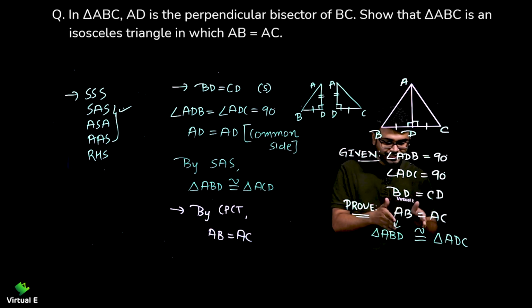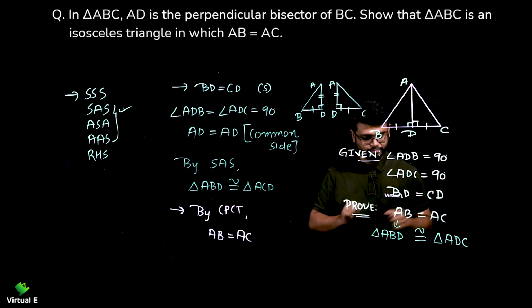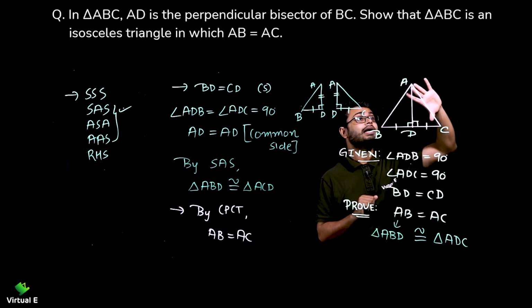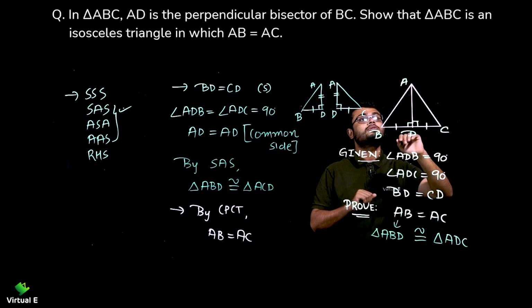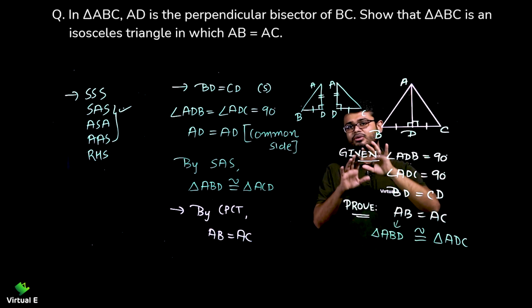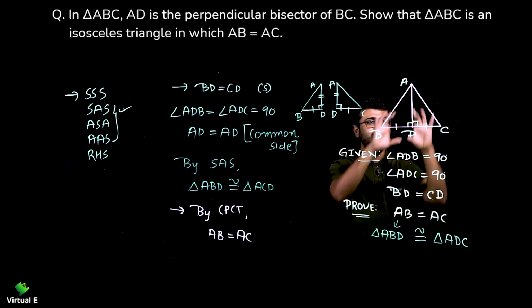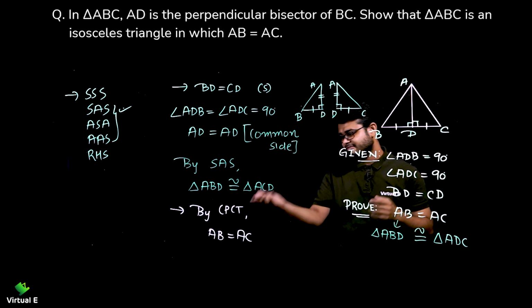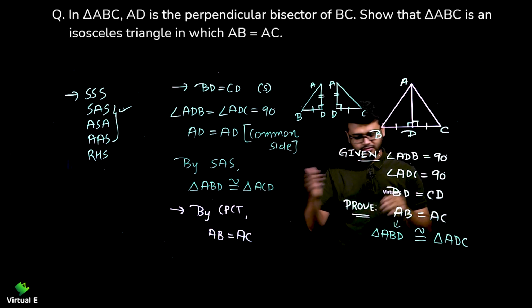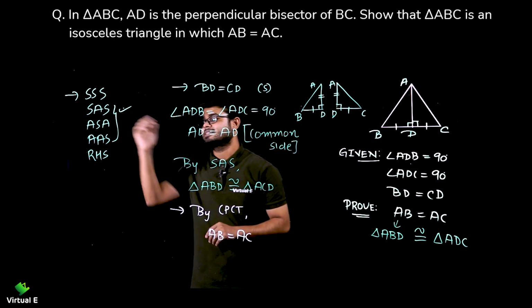Afterwards, I identified which two triangles we need to prove congruent. That's the most important part, right? Which is AB and AC over here. So we can see very well, both of them belong to triangle ABC, right? But we are not talking about that. We want to talk about these two triangles. We can see very clearly these two. If you prove it, then by CPCT we can prove. So we proved the two triangles congruent with the help of the SAS criterion.